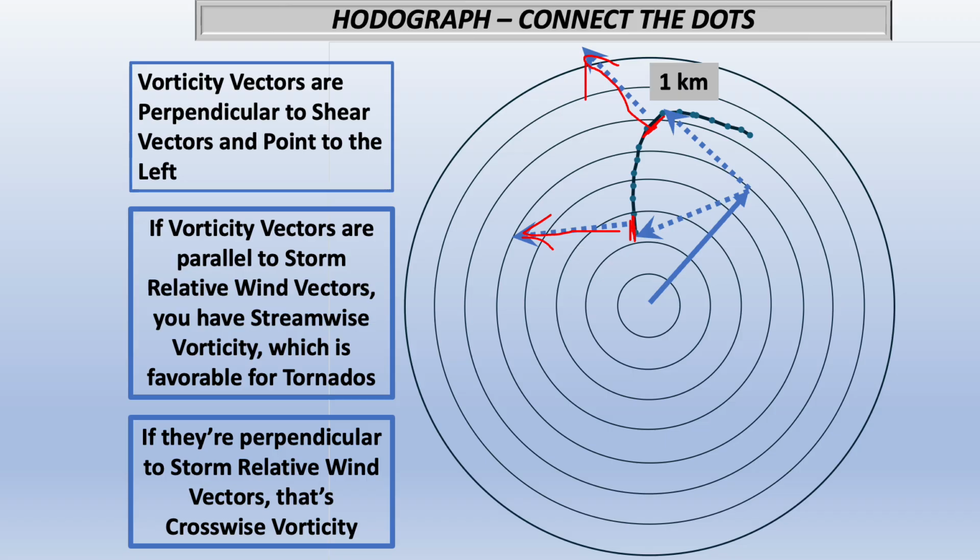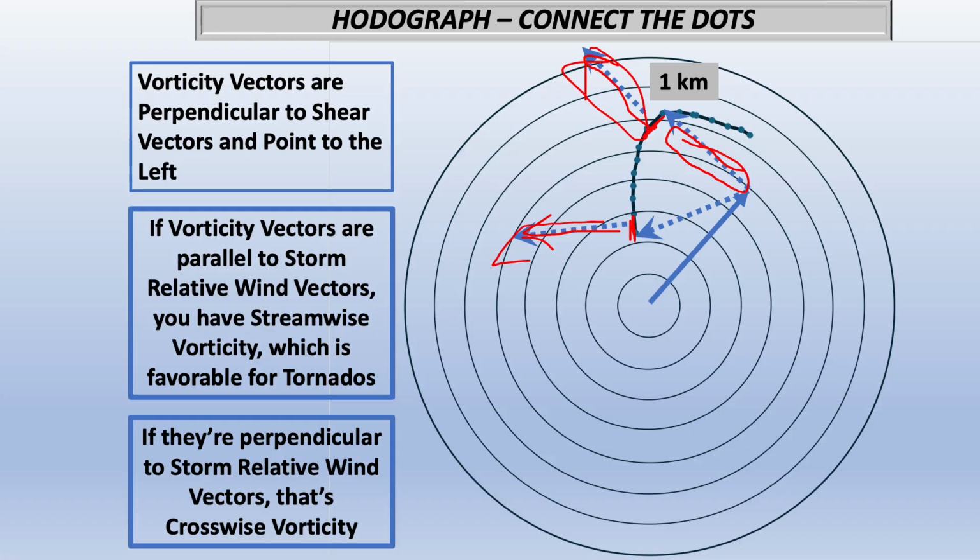Now, if the vorticity vectors are parallel or nearly parallel to the storm relative wind vectors, then that is called streamwise vorticity, and that is very favorable for the development of tornadoes. So you can see that this storm relative wind here, that vector, is very close to being parallel to this one.